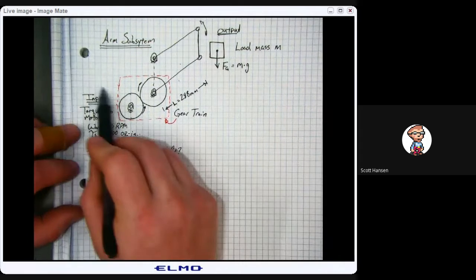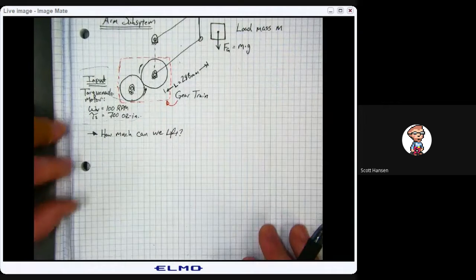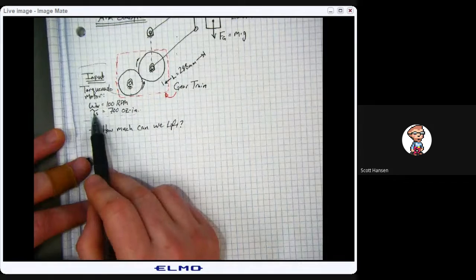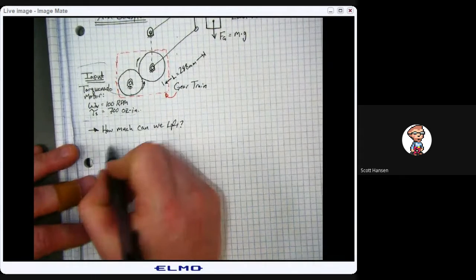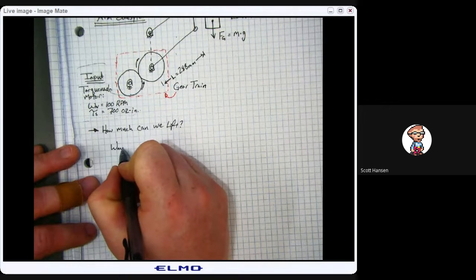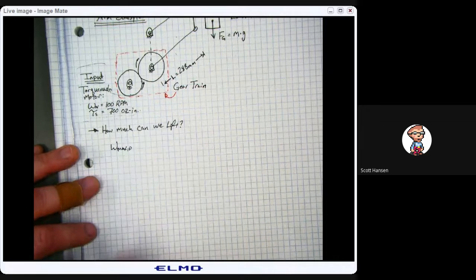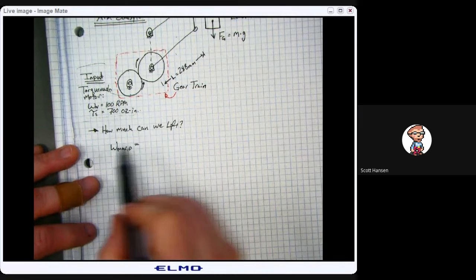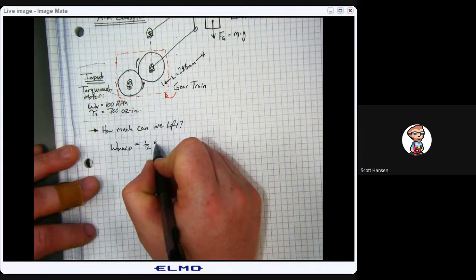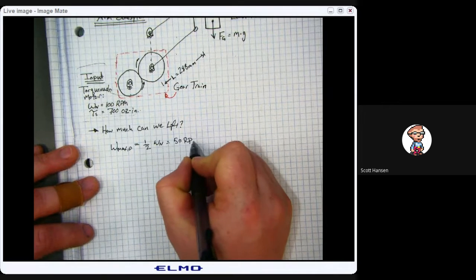Looking at the mathematical analysis of my input, my Torquenado motor, with a no load speed of 100 RPM and a stall torque of 700 ounce-inches, I can figure out the rotational speed associated with max power, which is half the no load speed, 50 RPM.